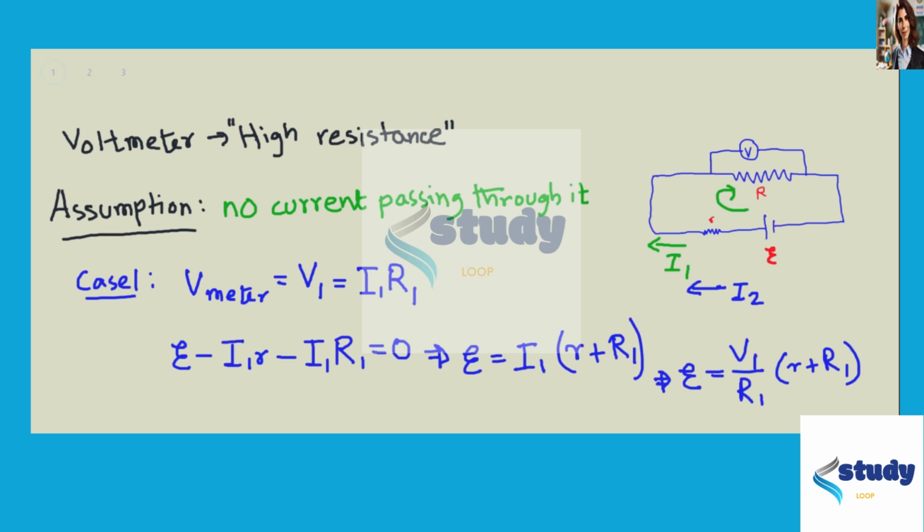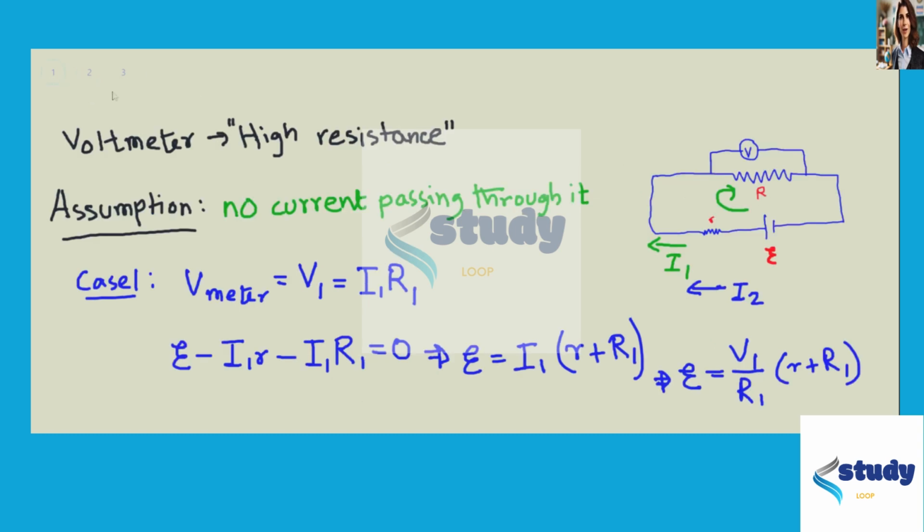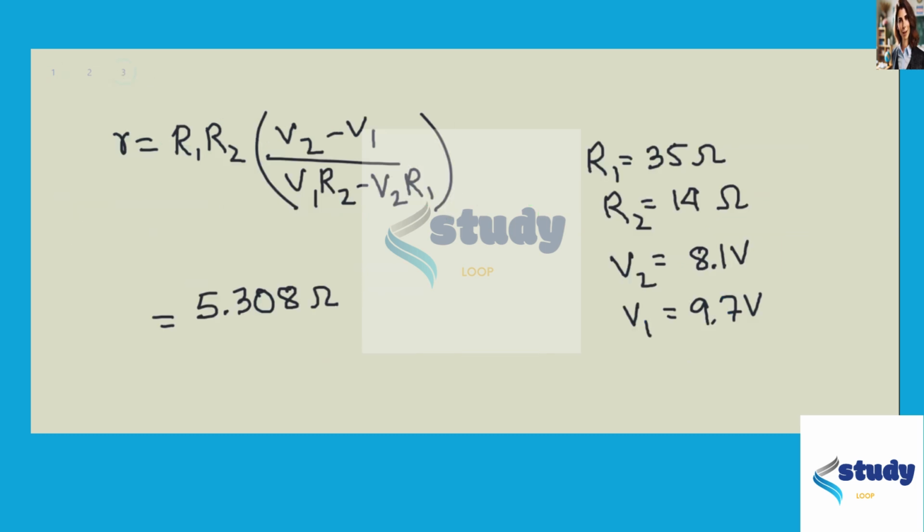And since we know little r now, we can plug the values in here and solve for psi, or we can plug the values in the other equation as well, because the other terms are all known. So let's plug the values in the first case.